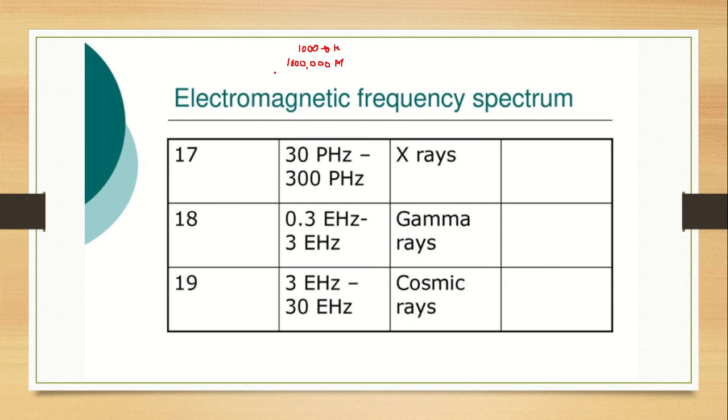Then if you have 9 zeros, that is what we call gigahertz. So this is gigahertz, this is megahertz, and this is kilohertz.